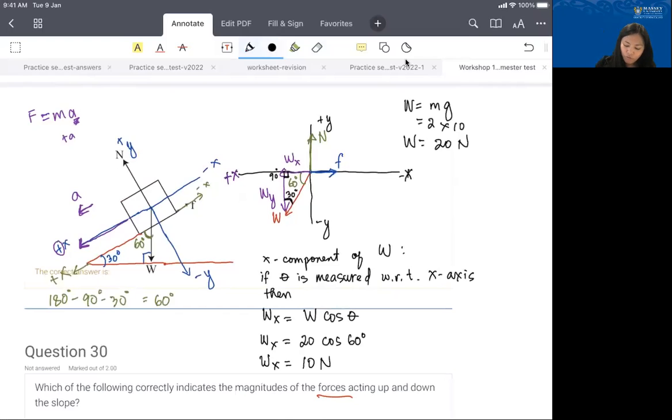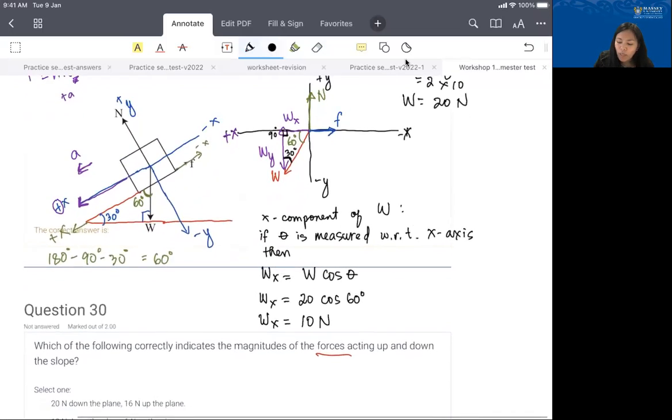If you look at the drawing of the slope on the left, the angle of the slope is 30 degrees. And that 30-degree angle for the slope actually translates to the angle between the diagonal weight force and the vertical y component of the weight force.